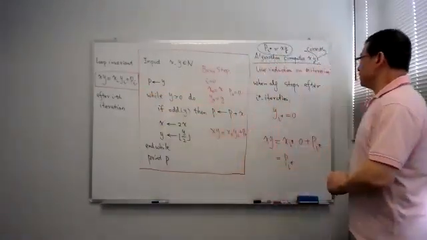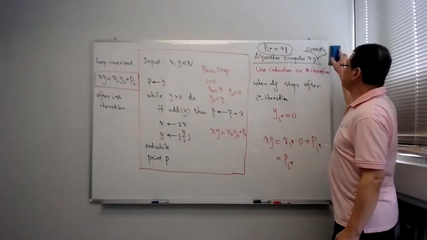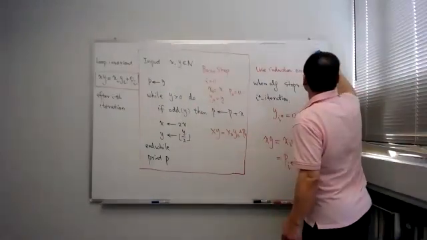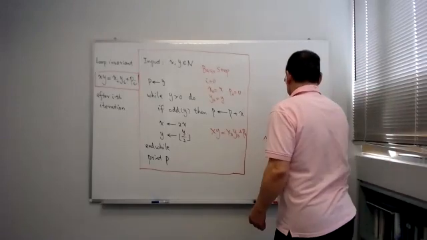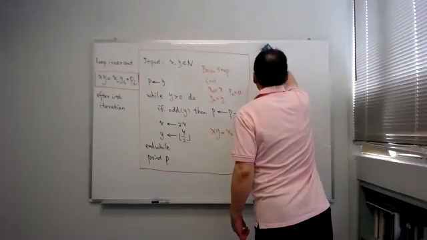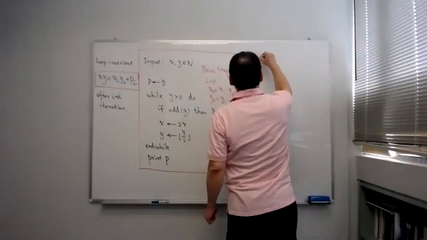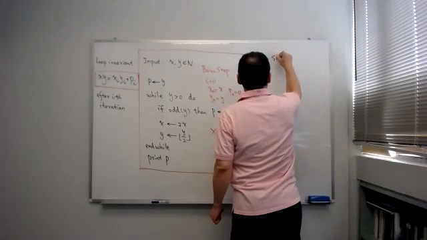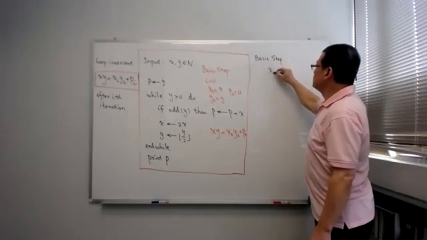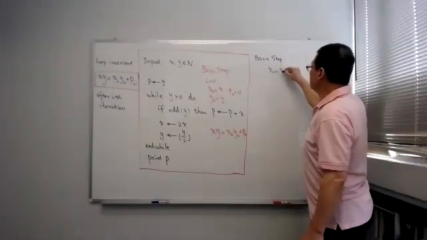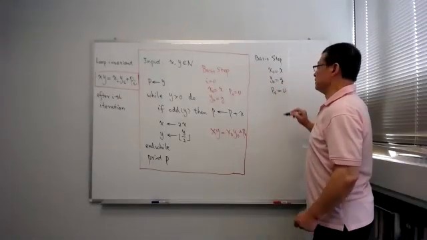Okay. So of course the basis step. So let's see. In the very beginning, we have x0 equals x, y0 equals y, and p0 equals 0.